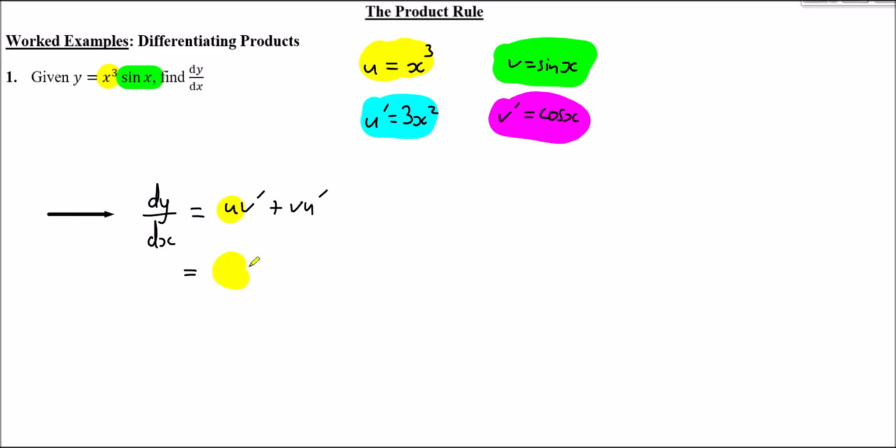So u is x cubed, so I'm going to do x cubed and multiply that by the function v', which is cos x. And then we're going to add on what we get if we do v multiplied by u'. So the function v is sine x, so we add on sine x multiplied by u', which is 3x squared.